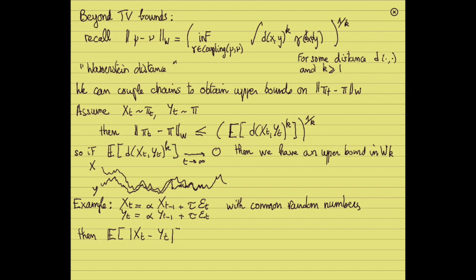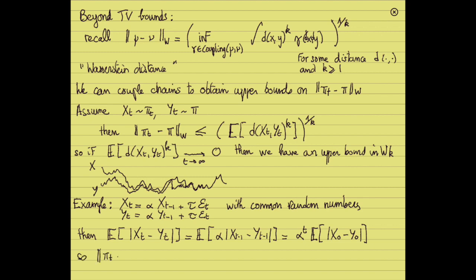And we observe that the difference between the chains will make the noise terms completely disappear. So we're left with alpha times the difference between the chains at the previous time step. And thus, by recursion over the time index, we obtain alpha to the power t times the expected distance at time 0.